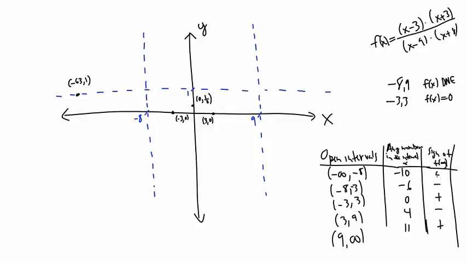So we know that to the left of minus 8, the graph is above the x-axis, and it'll look like this.